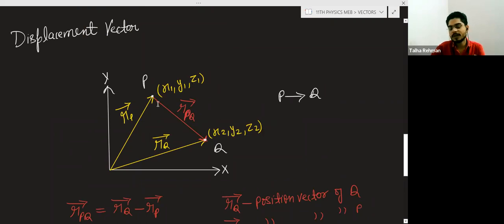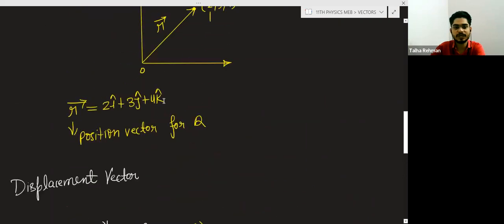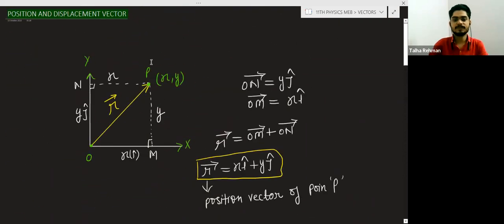If you want to find the displacement vector from P to Q, then you will write x2 minus x1, meaning final minus initial you have to write. Just copy this.